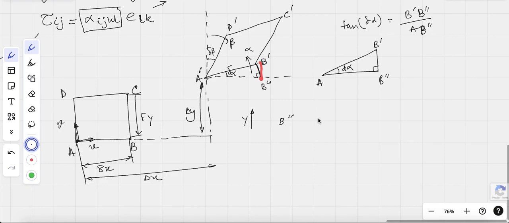So this will be v plus dv dx delta x, because if this point has a velocity of v, this portion will have a velocity of dv by dx times delta x.